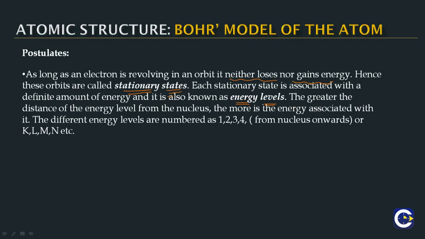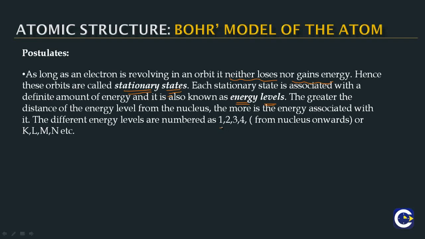Later we will see that Niels Bohr is also able to derive the expression for the energy of the electron in these stationary states, and the outcome is that as the distance of the orbit from the nucleus increases, the energy of that level also increases.